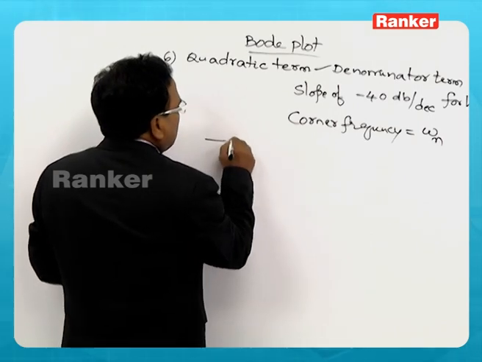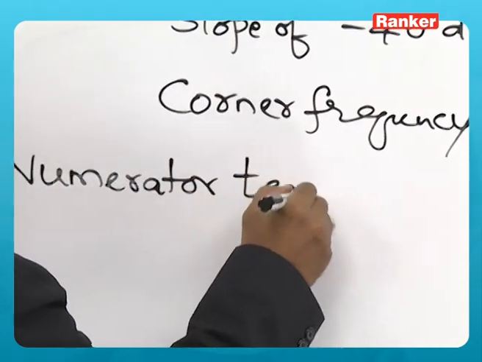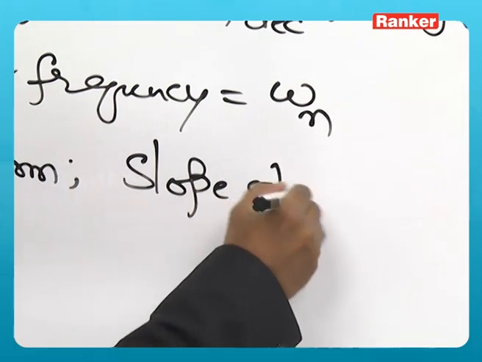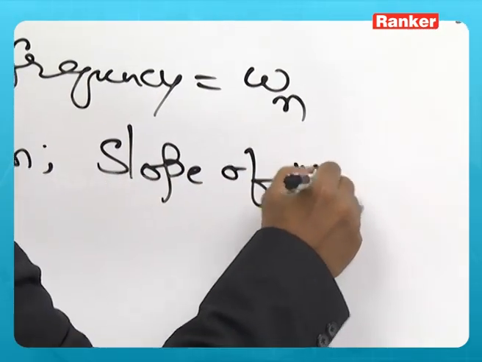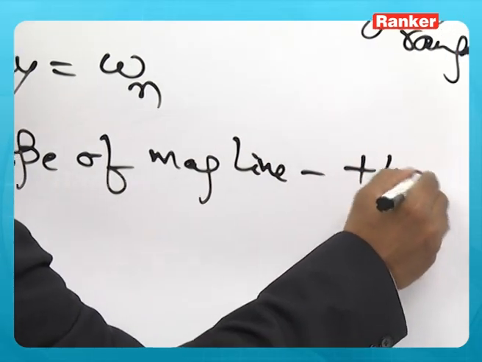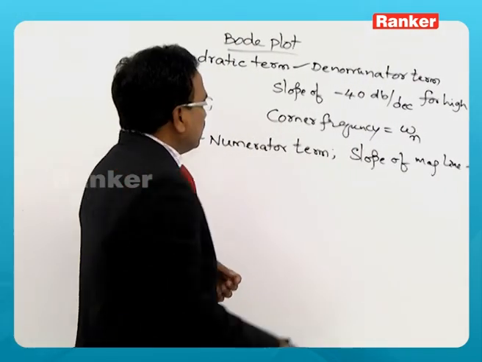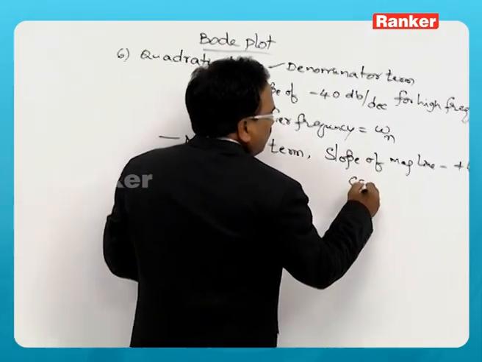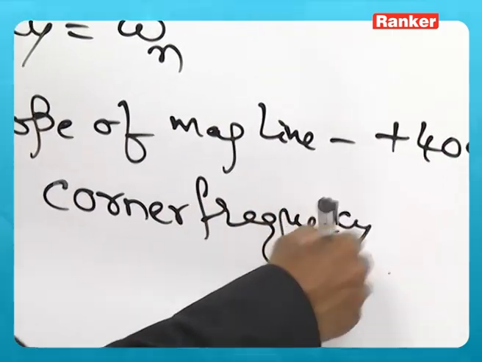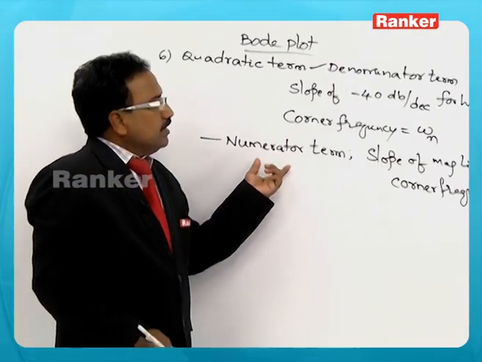If it is a numerator term, the magnitude line will have a slope of plus 40 dB per decade, and the corner frequency is again the undamped natural frequency of this numerator term.